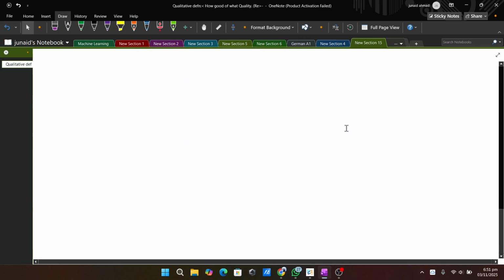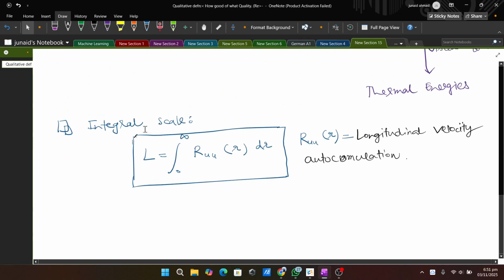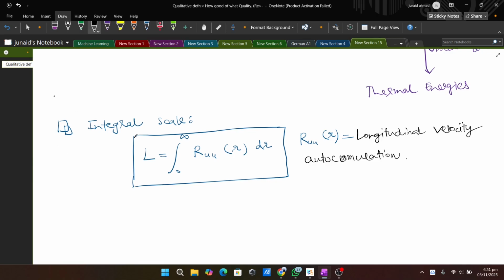As I was talking about the integral scale, I already told you the formula, the longitudinal velocity autocorrelation, and I'm now just shedding some light on the energy cascade. We can explain it like this: in turbulent flows, energy does not dissipate instantly.